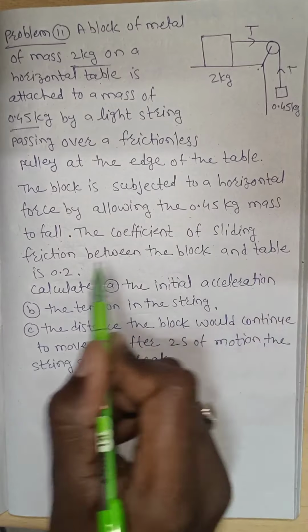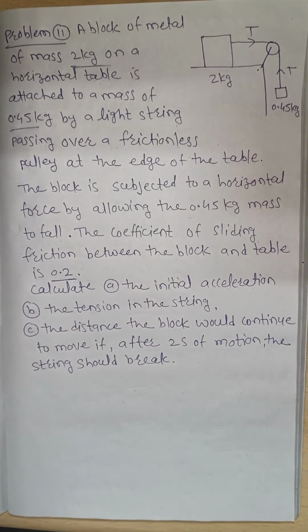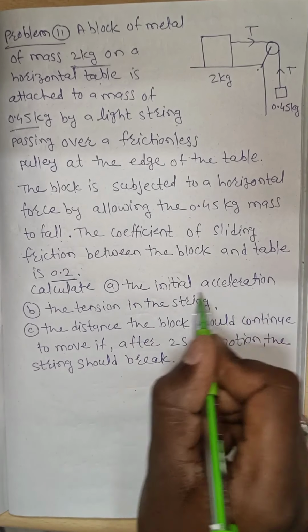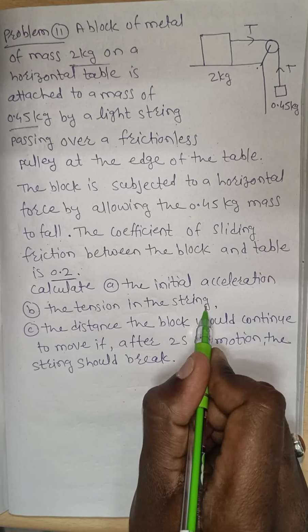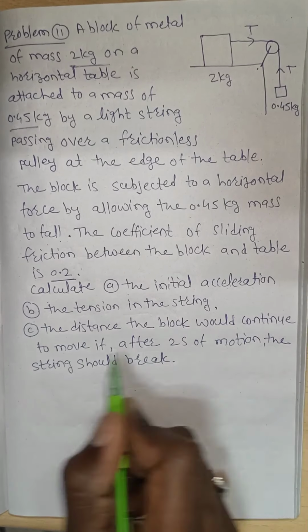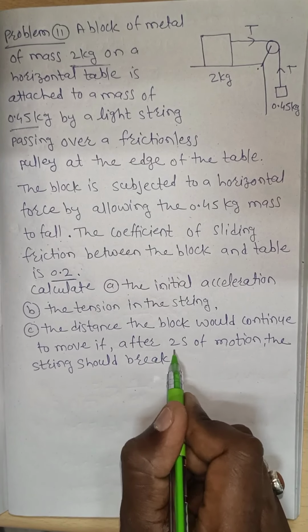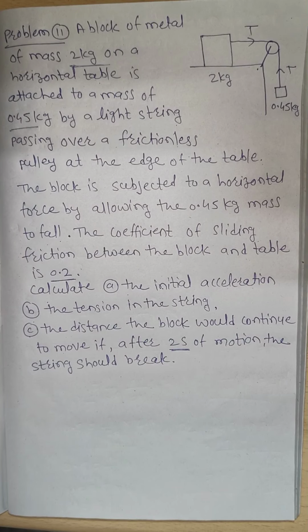The coefficient of sliding friction between the block and the table is 0.2. Calculate the initial acceleration. Second, the tension in the string. Third, the distance the block would continue to move if after 2 seconds of motion the string should break.